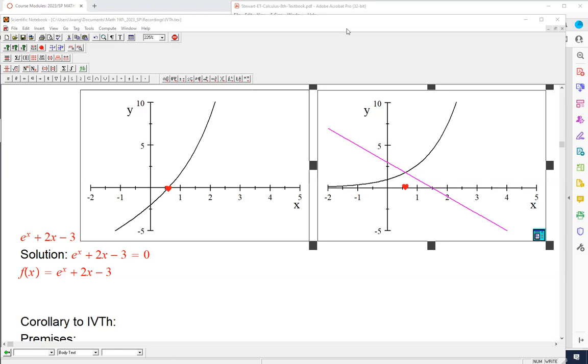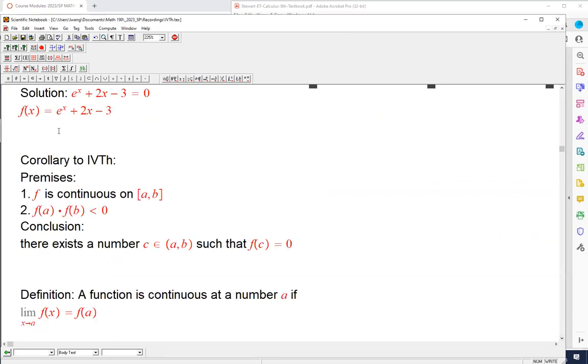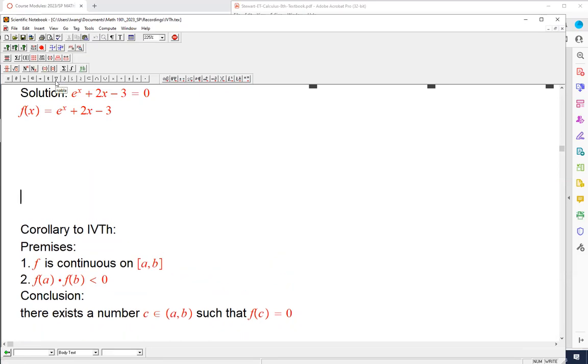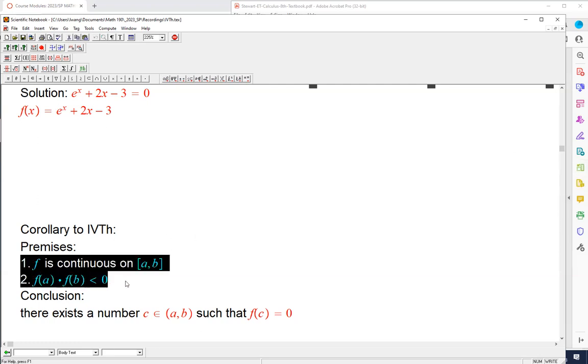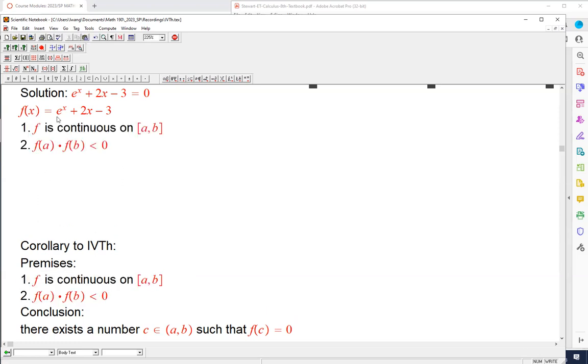Okay, so I'm going to go ahead and apply it to this function we created, and obviously this function is continuous on [a, b], right? I want to show you how I quote it. F is continuous on [a, b], which is [0, 1], right?